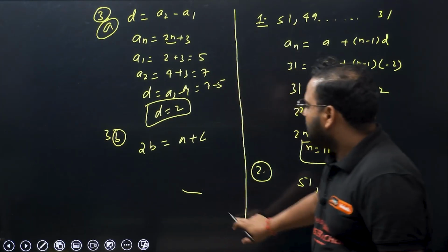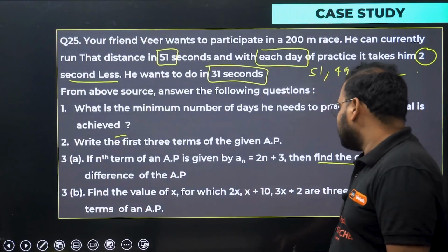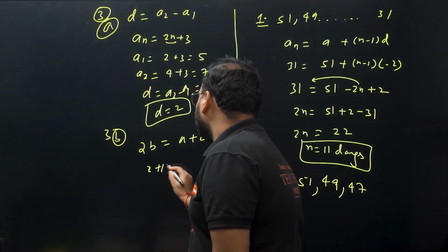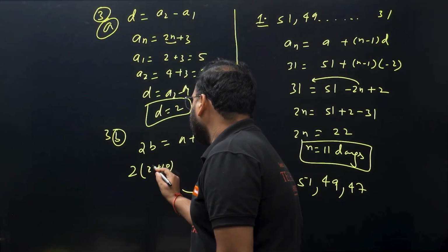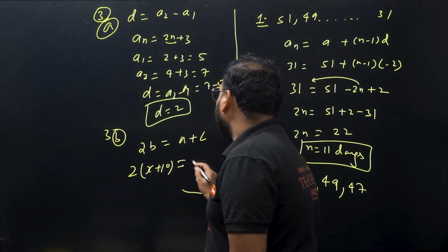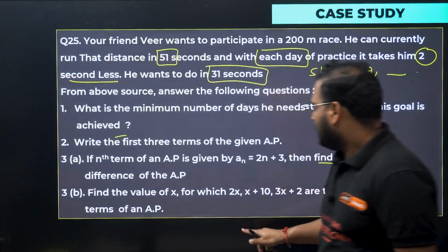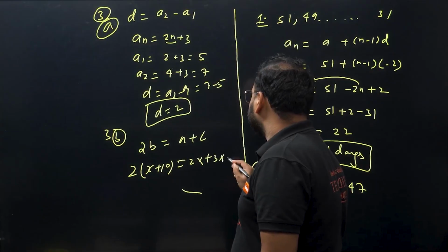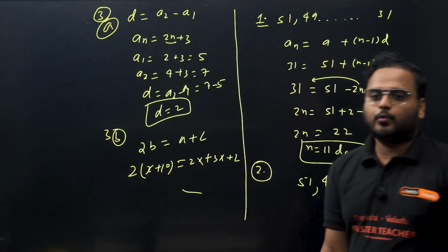The terms are 2x, x plus 10 and 3x plus 2. So 2 times (x plus 10) equals 2x plus 3x plus 2.